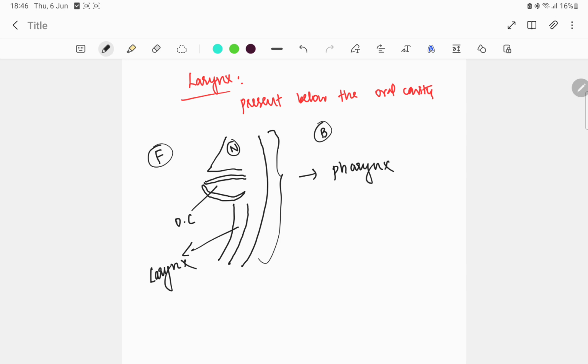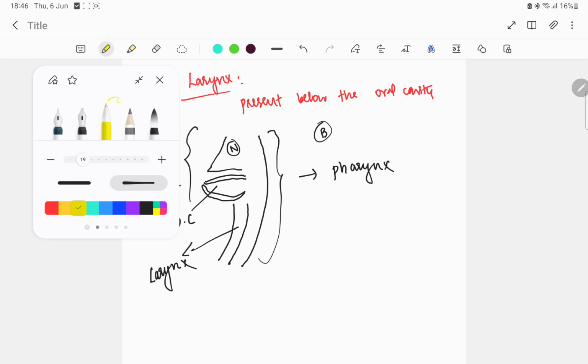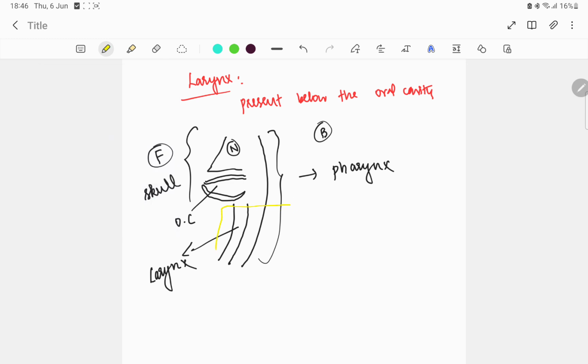We all know the nose and oral cavity are present in the skull bone only. You will not be able to see these two structures. These two tubes are not visible outside the body, because this part is covered by skin that together constitutes the neck.